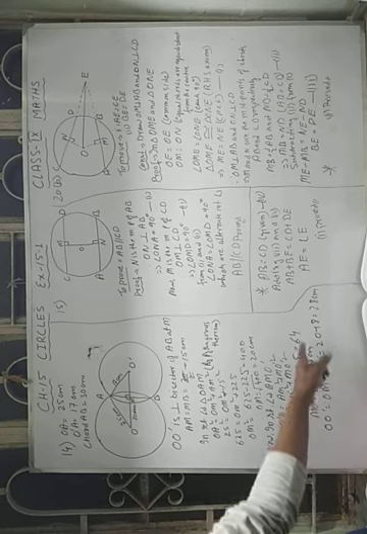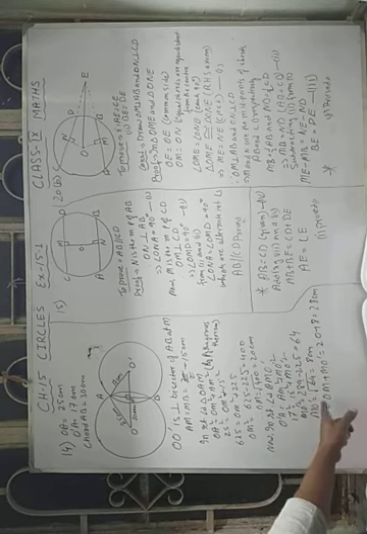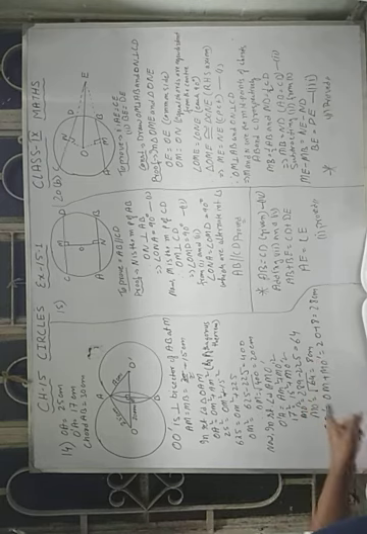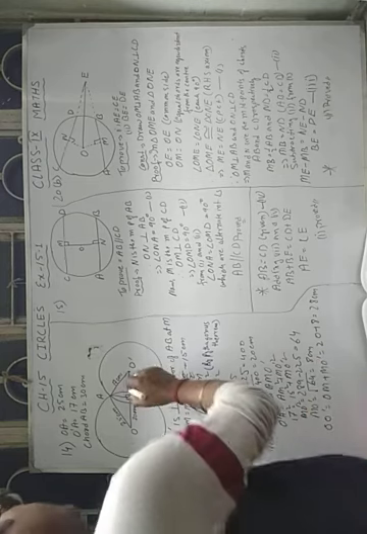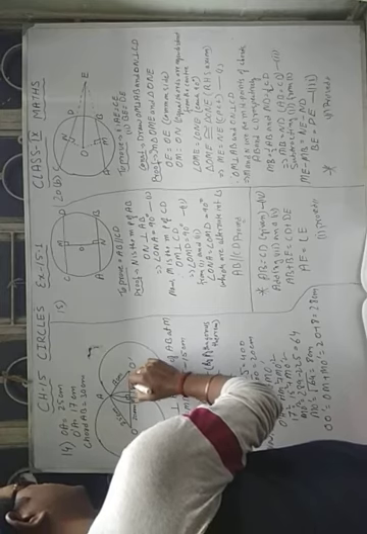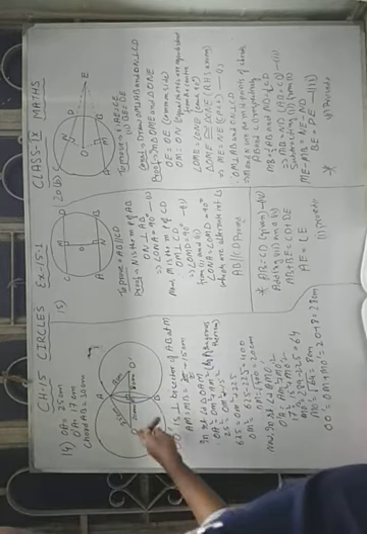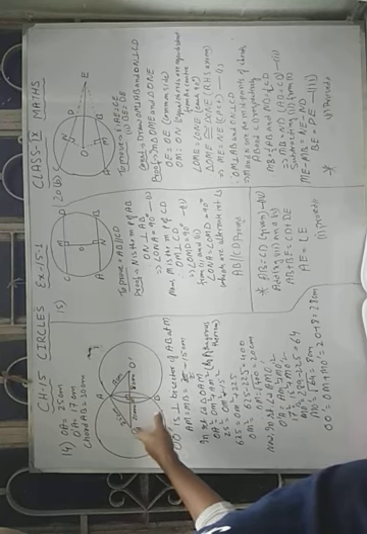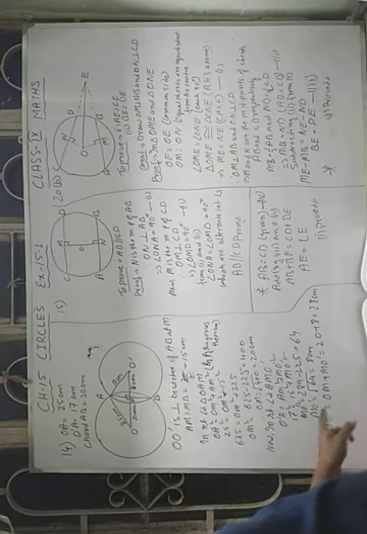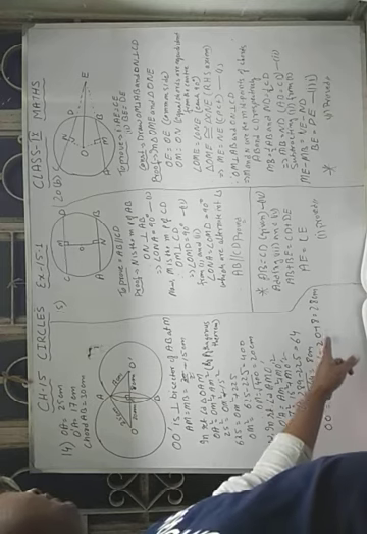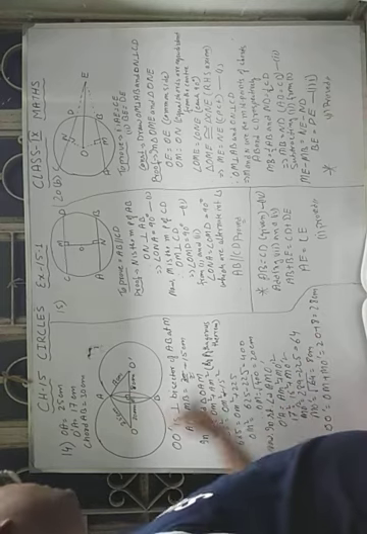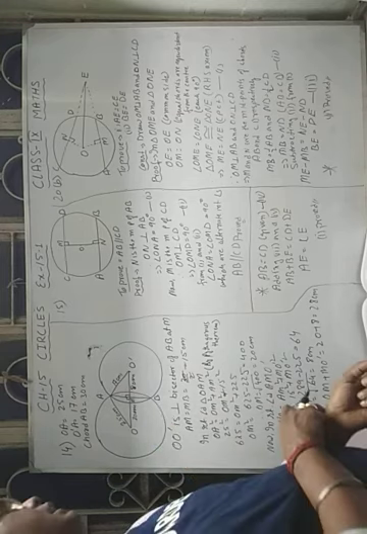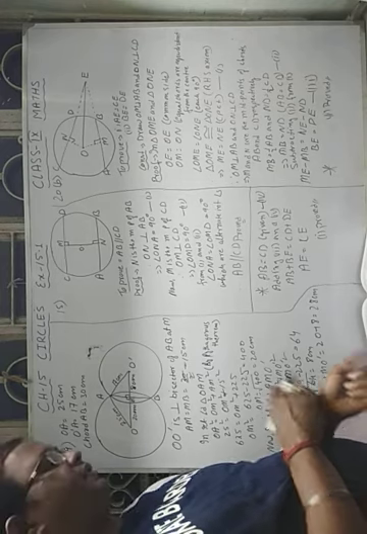When you subtract them, you get 64. So MO dash equals root 64, that is 8 centimeters. Now OM is 20 and O dash M is 8. So OO dash equals OM plus MO dash, that is 20 plus 8 equals 28 centimeters. So the distance between the centers of these two circles is 28 centimeters.